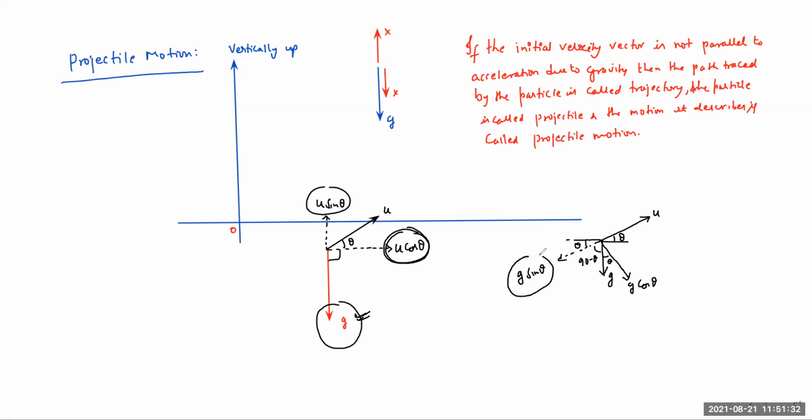Now this component will change this value for sure, and this will develop one new value. So what will happen? This will create a velocity in its own direction, and this will affect the velocity in its own direction. So you will decrease in this direction, but a new vector will also develop in the perpendicular direction. So u and acceleration we can resolve in a variety of ways depending upon how we want to solve the question.